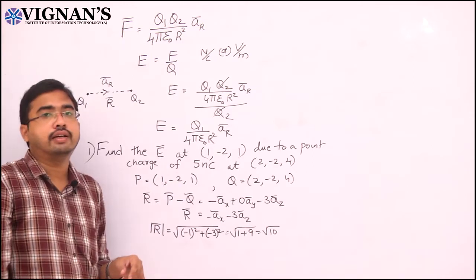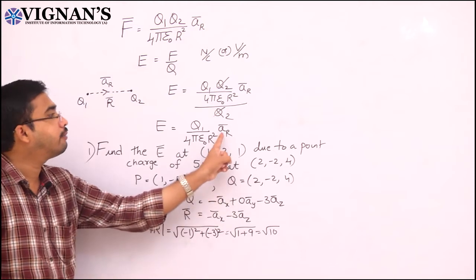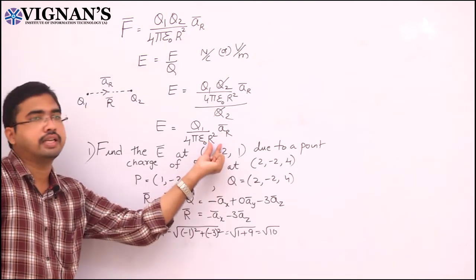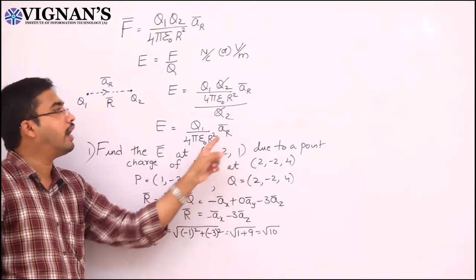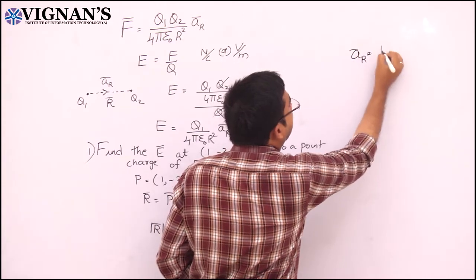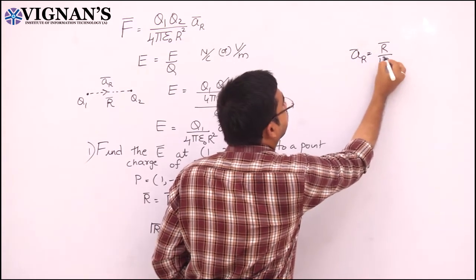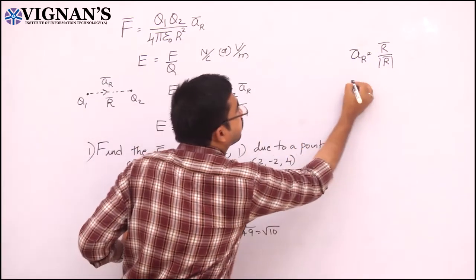Now, how to find the unit vector aR bar? We have obtained the distance R. After that, our duty is to find the unit vector aR bar. That unit vector aR bar is given by R bar by mod R bar, from our previous analysis. So, what is R bar here?